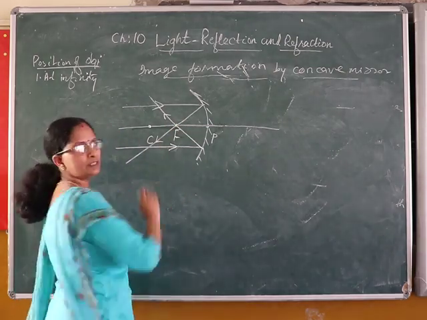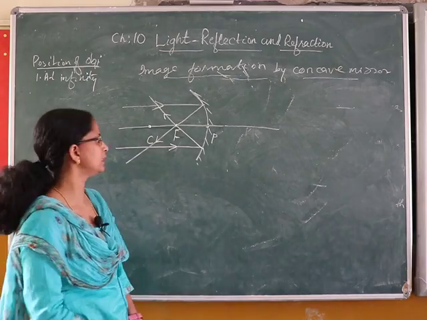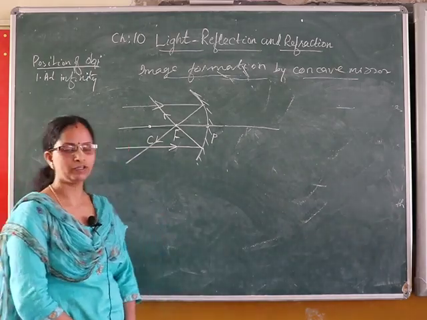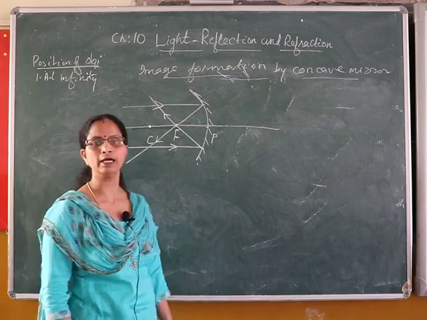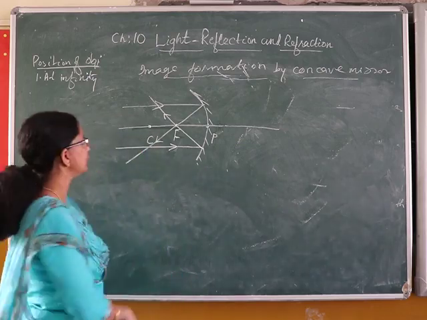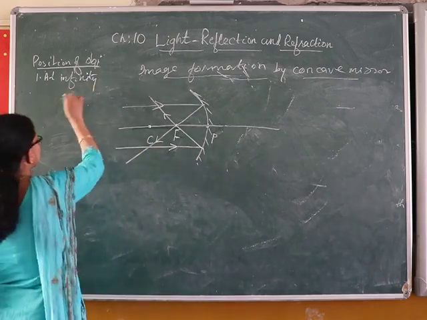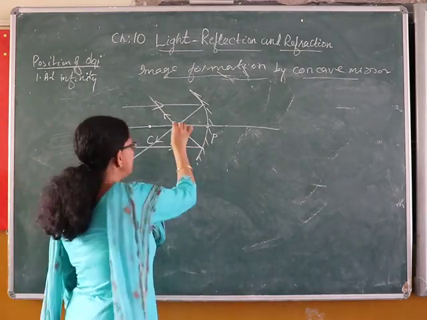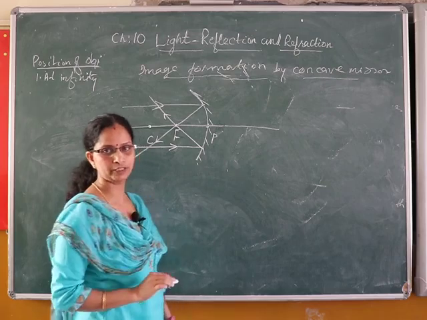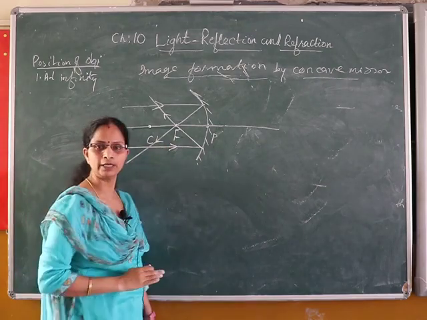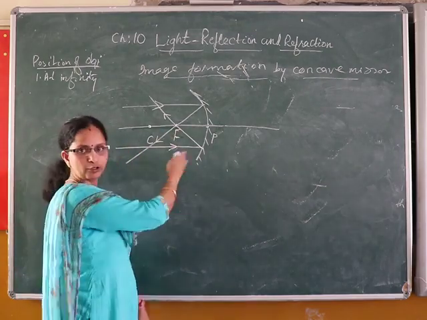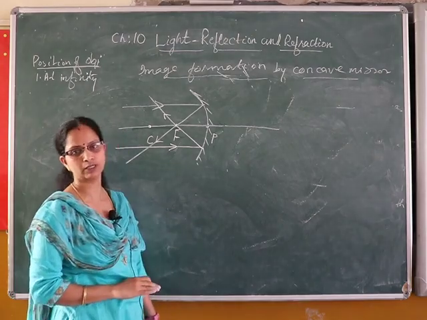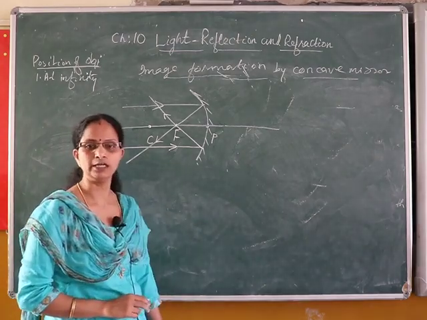We can obtain that image by placing a screen, so we can call that image one obtained by the actual meeting of the light rays. That is the nature of that image: a real image. Since it forms by actual meeting of the light rays and can be obtained on a screen by keeping the screen in front of the mirror, the image is said to be a real image.